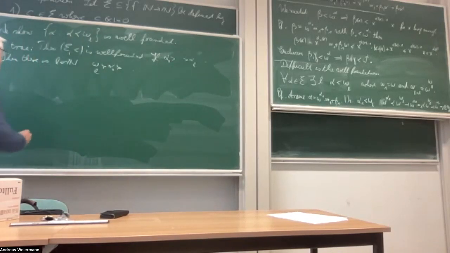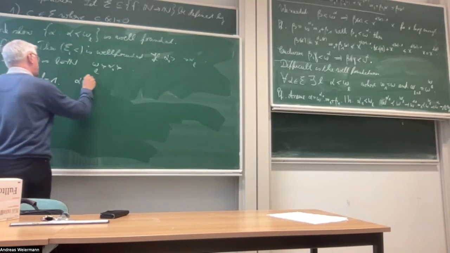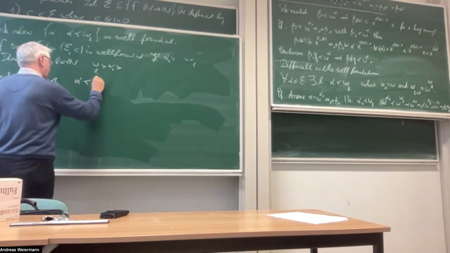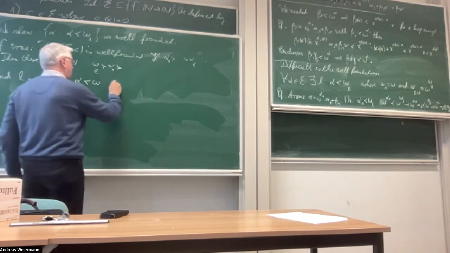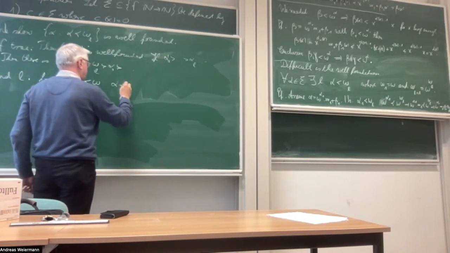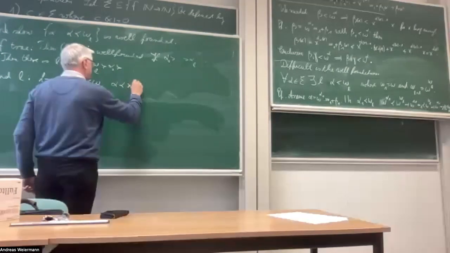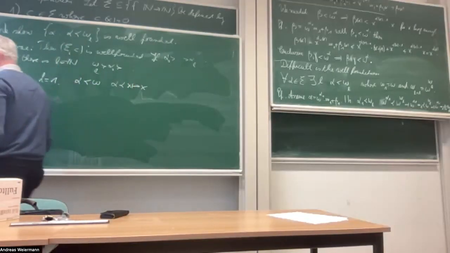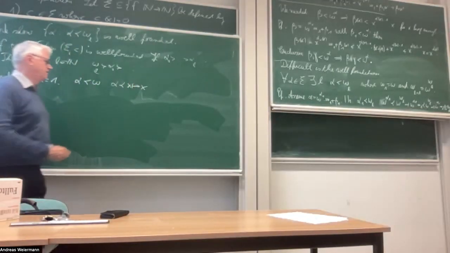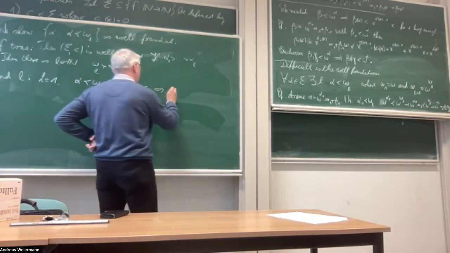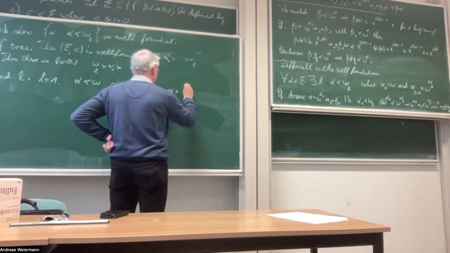So first of all, when we have L equal to 1, so when alpha is smaller than omega, this means alpha is a function smaller than the function x goes to x. And then we see that alpha has the form of the constant k.